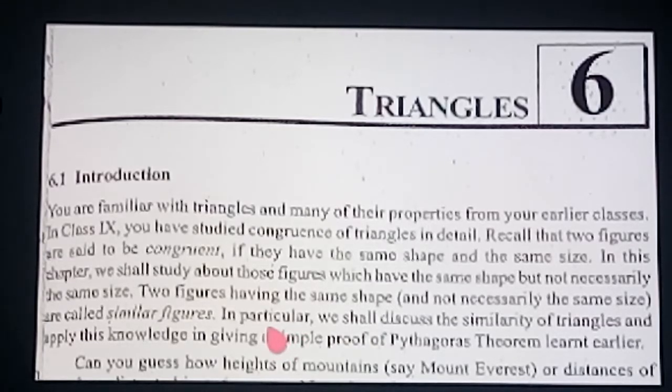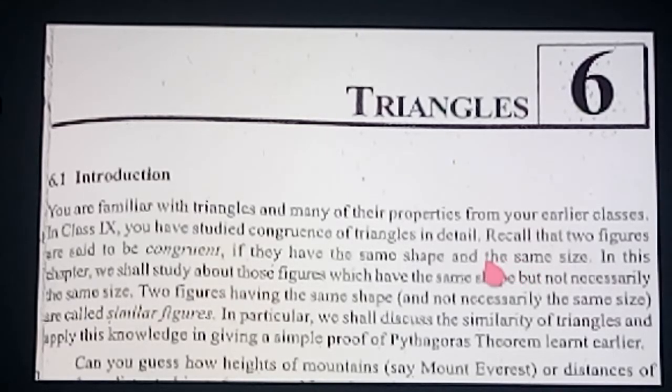Therefore, two circles with the same radius are congruent figures. In the same way, two squares with the same measurement are congruent figures. In such a way we can take. All squares are not congruent figures. All circles are also not congruent figures. If they have the same shape and the same size, then we can say they are congruent figures. Okay.